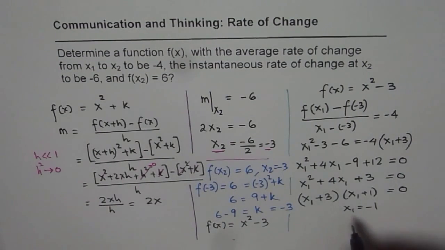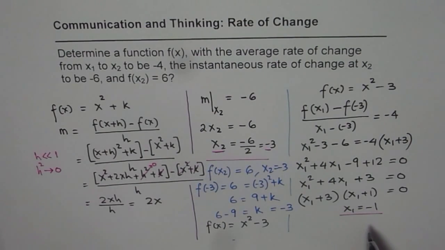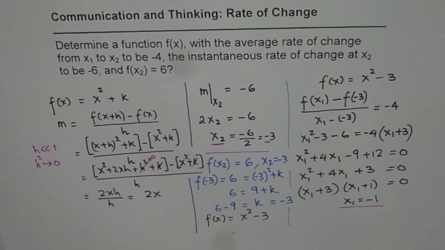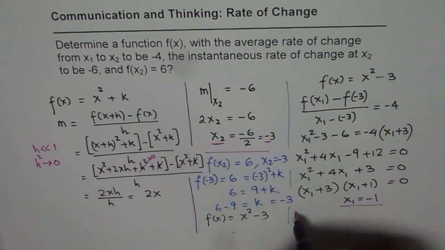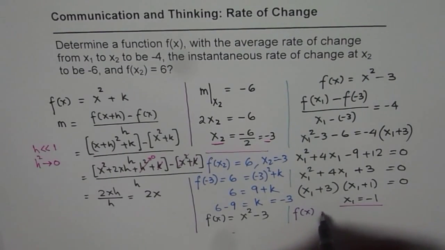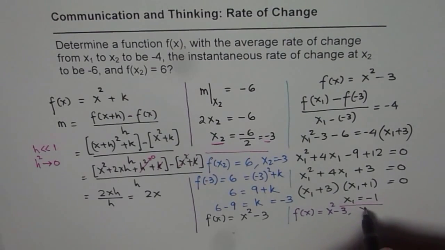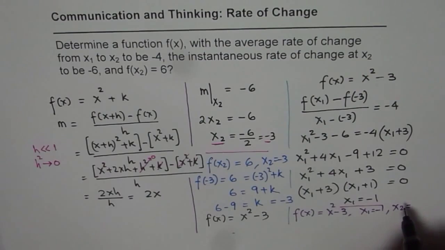So we have found the point x1 as minus 1. Now we have our equation, let me conclude. The function is f of x equals x squared minus 3, x1 equals minus 1, and x2 is equal to minus 3.